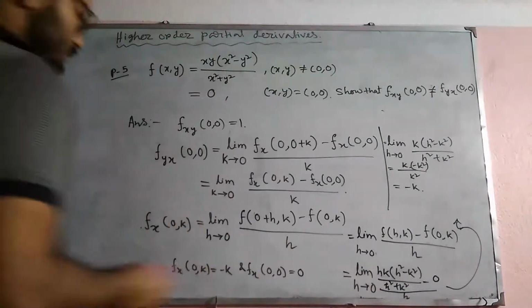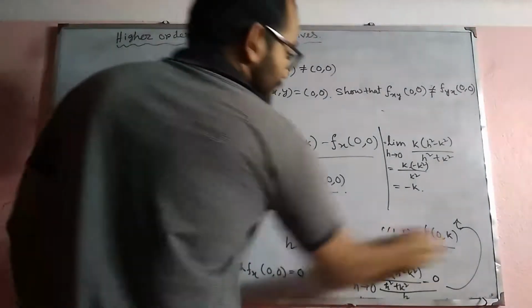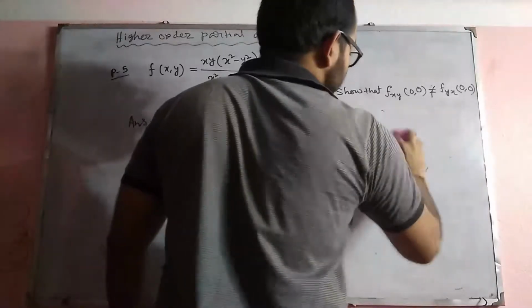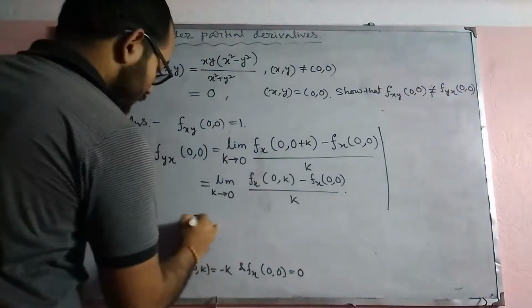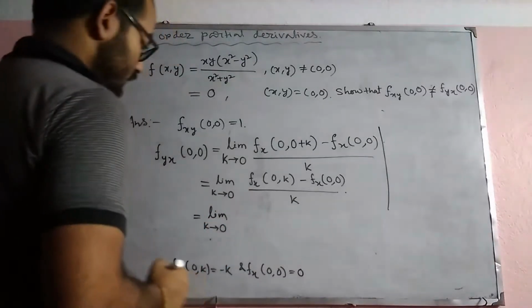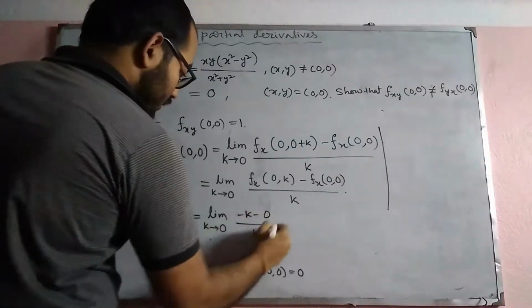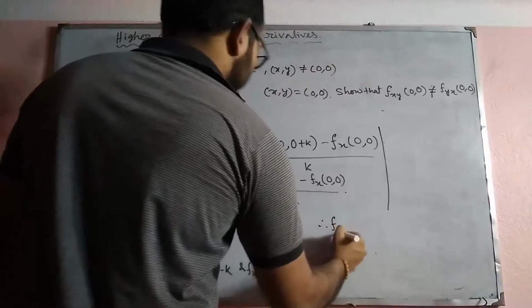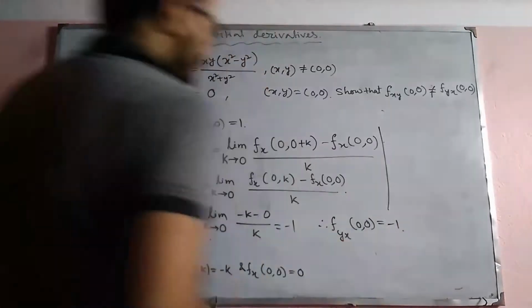Now limit k tends to 0 of minus k by k will be minus 1. So f yx is minus 1.